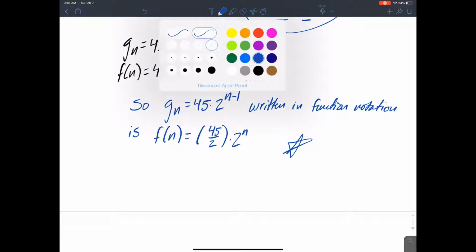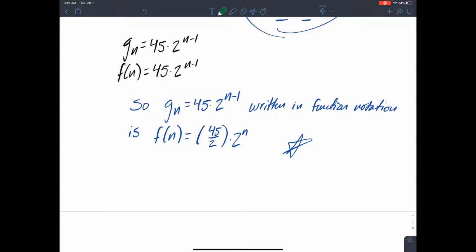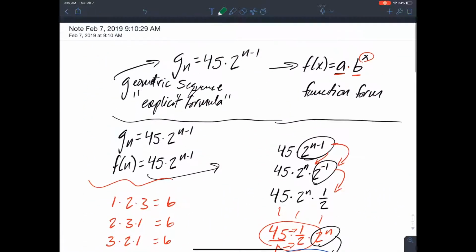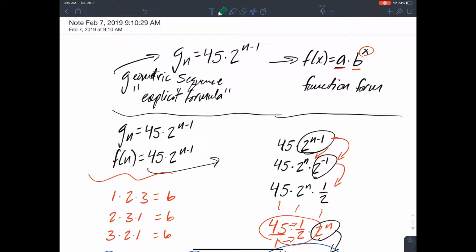So just to recap what we did. We have the explicit form of a geometric sequence right here, and we want to turn it into function form, so that it looks like some number a times some number b to the x power.